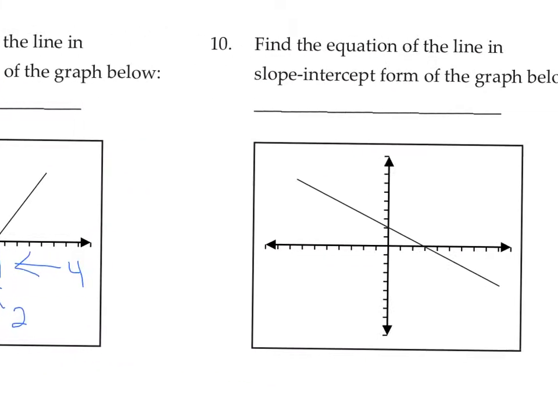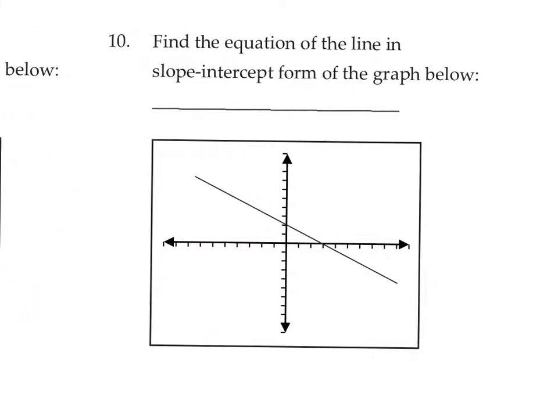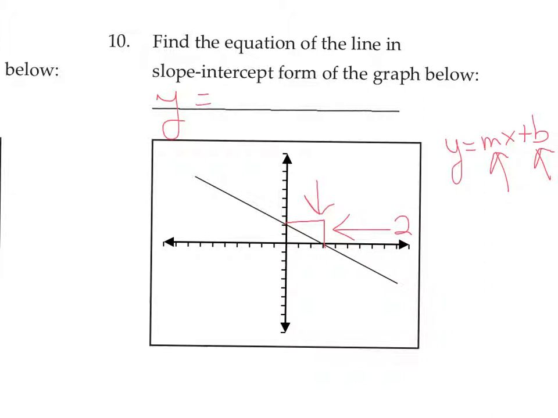And on number 10, find the equation of the line. We're going to do the same thing. y equals mx plus b. You fill in the slope and the y-coordinate of the intercept. So y equals, what's the slope? Here we have a rise of 2 and a run of 3.